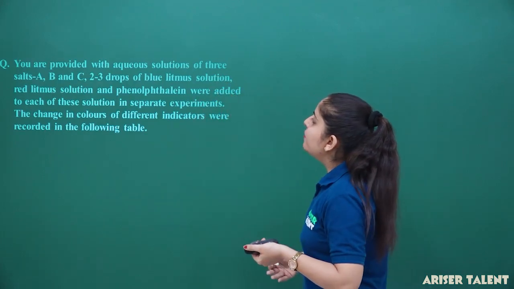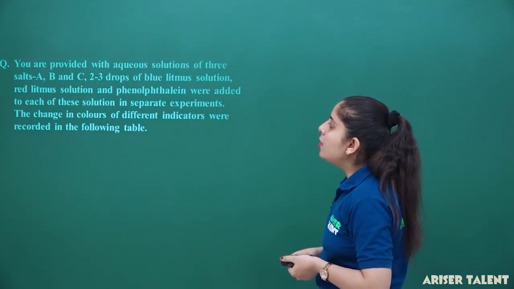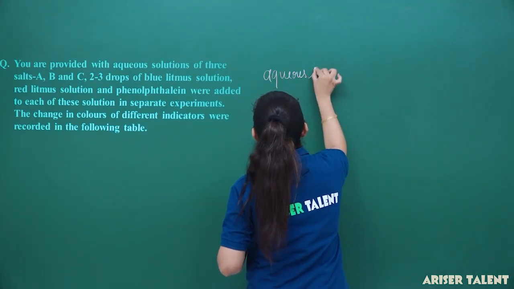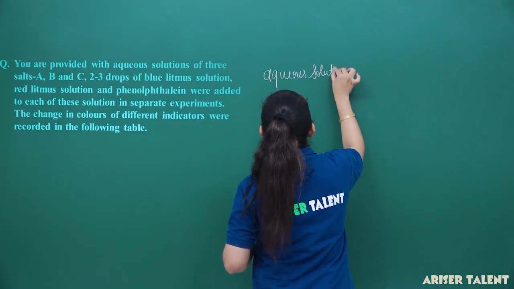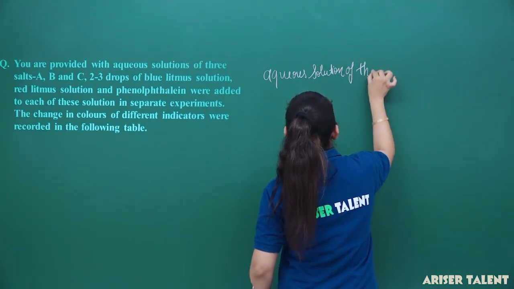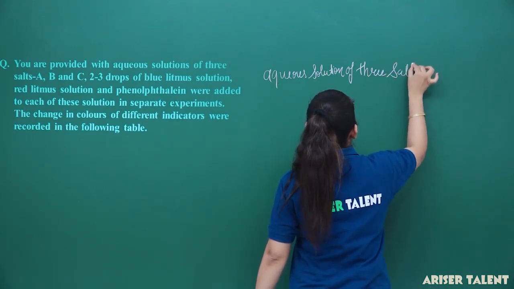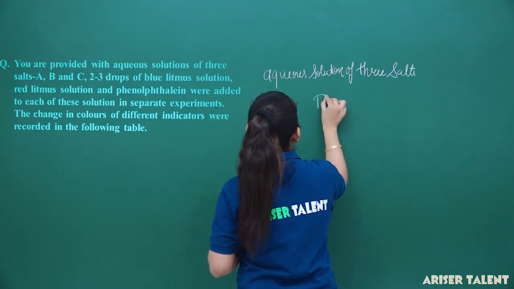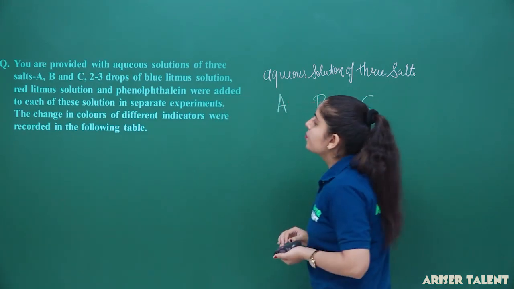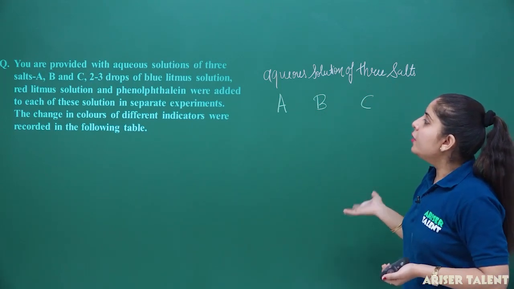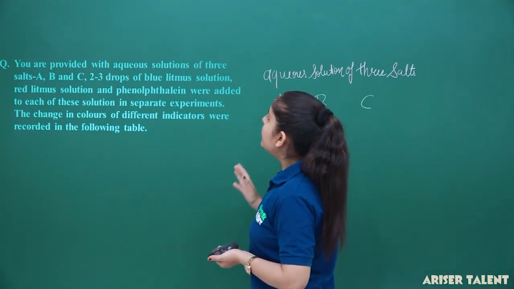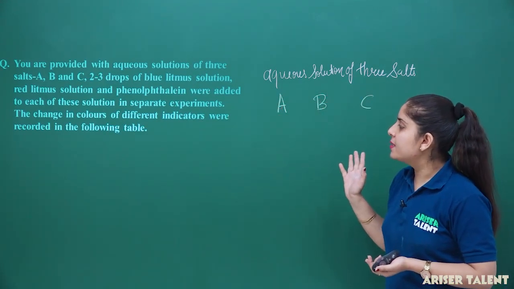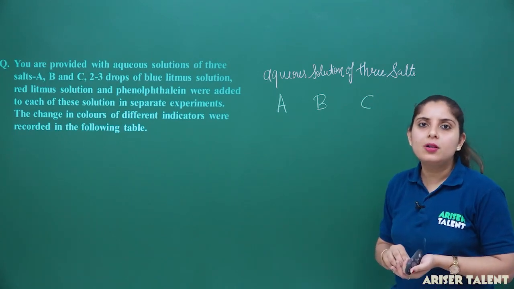You are provided with the aqueous solution of three salts A, B and C. Now, you are adding 2 to 3 drops of blue litmus solution, red litmus solution and phenolphthalein in separate experiments, and you have to observe the color changes in all three cases.